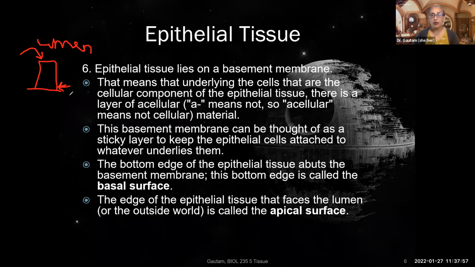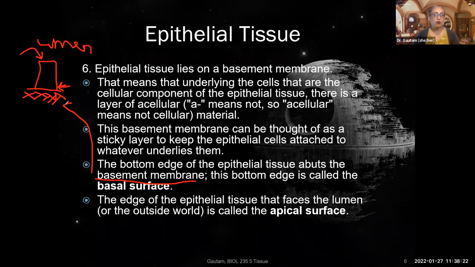So what is this basal surface attached to? It's attached to material that is acellular, meaning it's not made of cells. This material that the basal surface is attached to is called the basement membrane. So the basement membrane is acellular material.